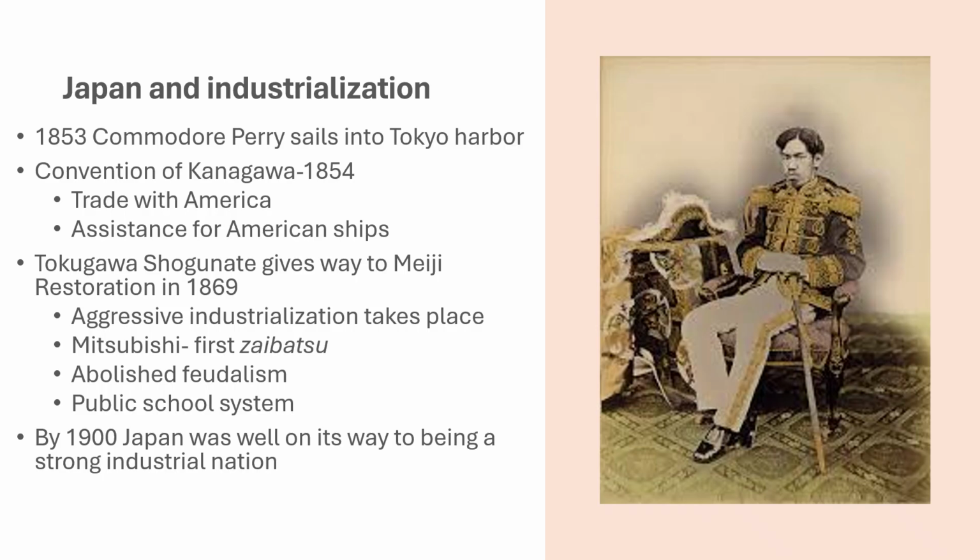The other thing that happens during the Meiji Restoration is the abolishment of feudalism. As I mentioned, it was essentially a feudal economy, and just to remind folks, feudalism is a system in which there is a lord or a landowner that has a bunch of people tied to the land that the landlord owns, and they're essentially forced to work the land in order to survive.